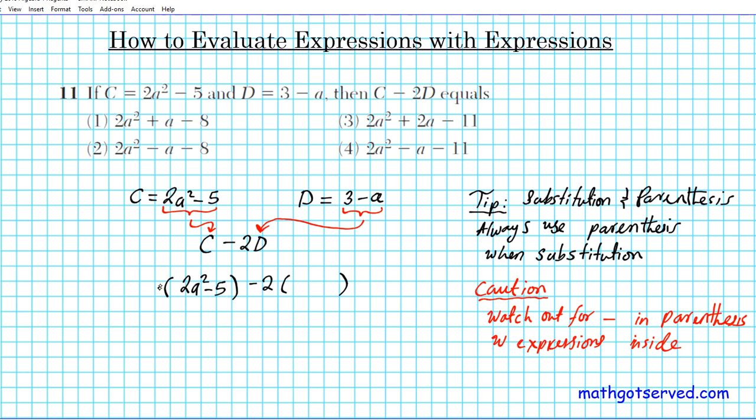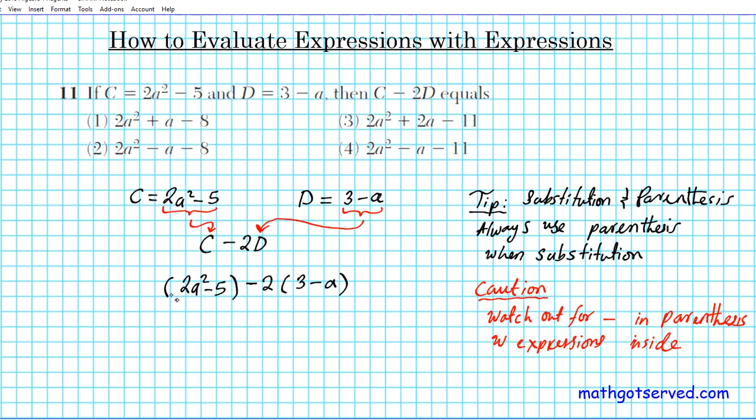This parenthesis doesn't have any minus in front of it, so the caution that I indicated here doesn't apply. For d, though, we're going to substitute 3 minus a. But notice we have a minus in front of this parenthesis, so you always want to watch out for those because you want to make sure that that sign is distributed.